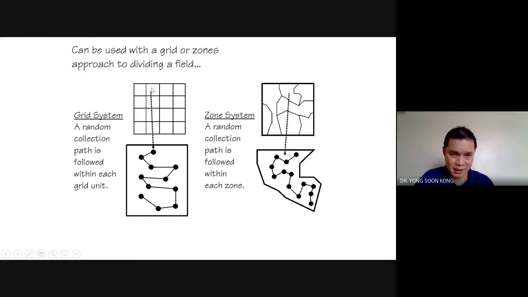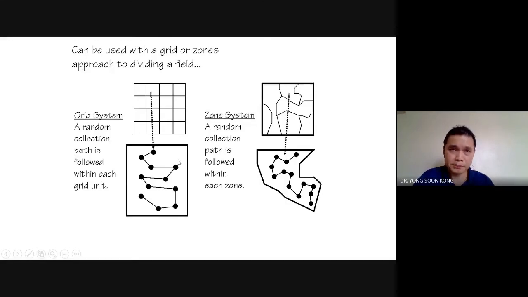And within inside this plot, for example, you can actually have a traverse plan just to randomize the sampling point. But then again, you see, in this grid, you have like a random path just to have the soil samples to represent this area only, okay, this area.